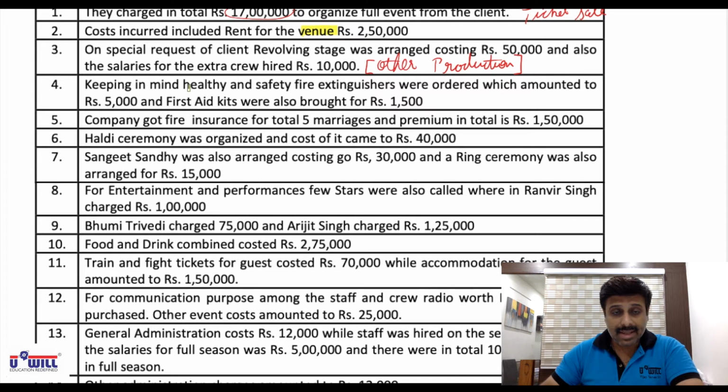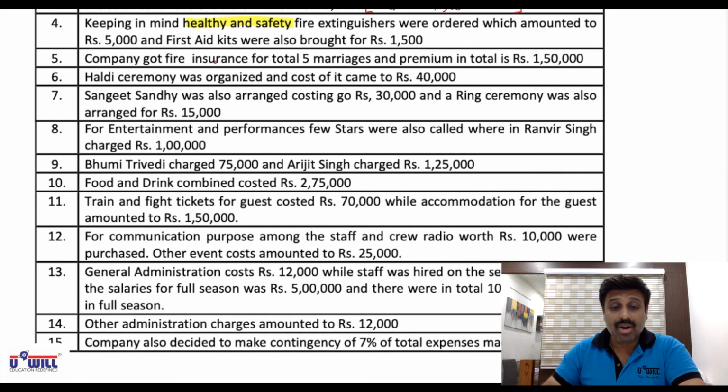Keeping in mind health and safety, in health and safety you'll record this. Fire extinguishers were ordered which amounted to 5,000 and first aid kits were also bought for 1,500. So 6,500 total you'll record in health and safety. Company got fire insurance. So in the event cost, in insurance you'll record, this is again important, for a total of 5 marriages the premium is 1,50,000.